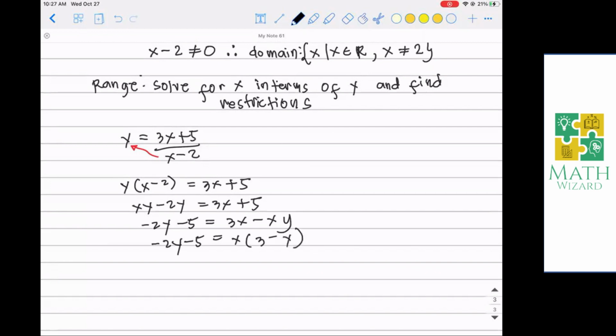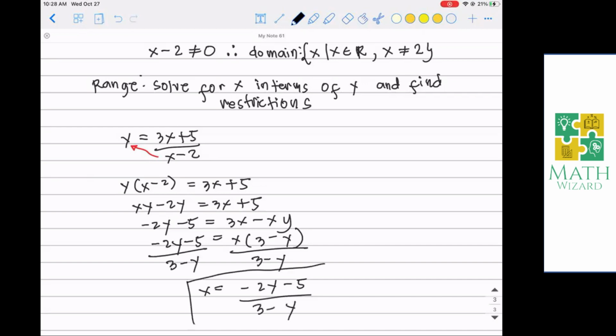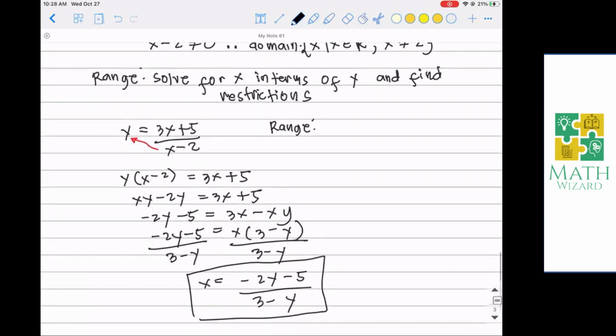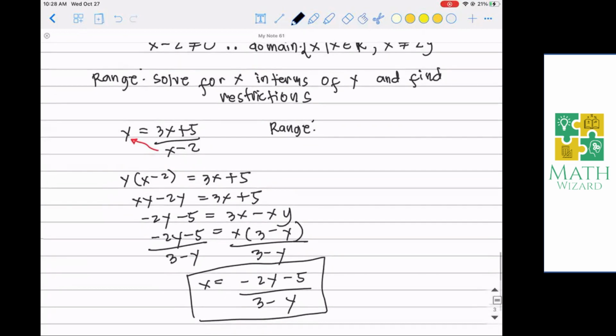3 minus y, and then divide both sides by 3 minus y. So this becomes x is equal to negative 2y minus 5 over 3 minus y. So ito na yung x natin at dito tayo magtitingin ng ating range. Okay. So for the range, dapat ang denominator natin would not be equal to 0.